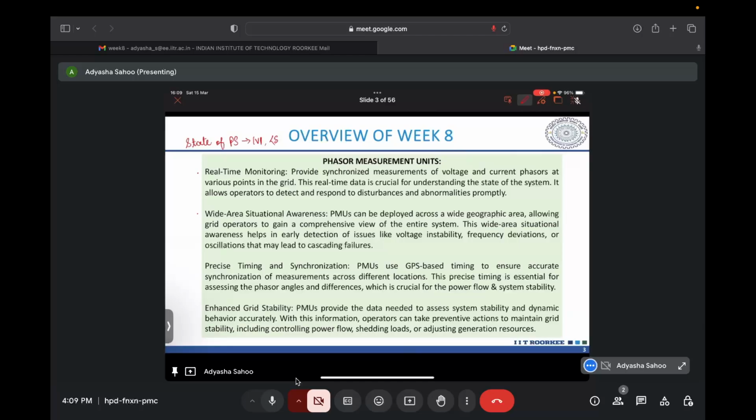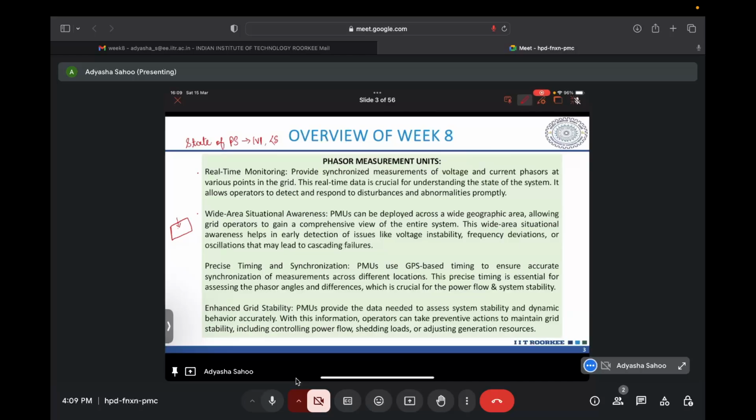These will display the geographical layout or the topology of the grid, so the entire system can be visualized on the screen.